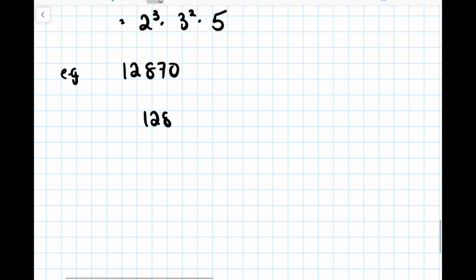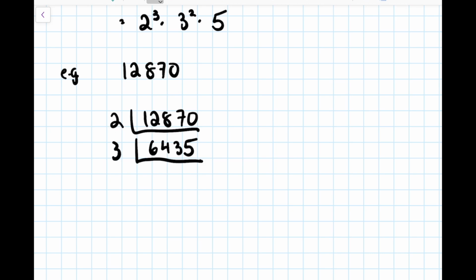Okay, so 12,870 is divisible by 2 for sure, because it's even. It's going to get me 6,435. Immediately, no more 2s. So now we're going to go to 3. And that'll work. I'm going to get 2,145, which is also divisible by 3, which is going to get me 715.